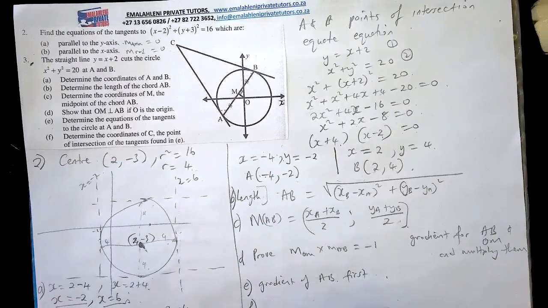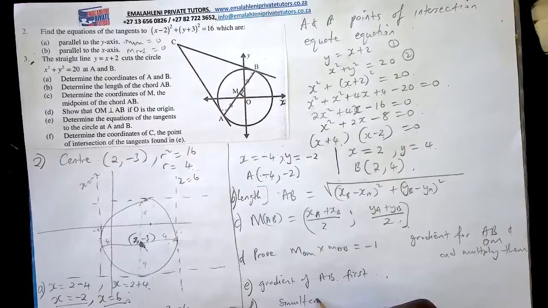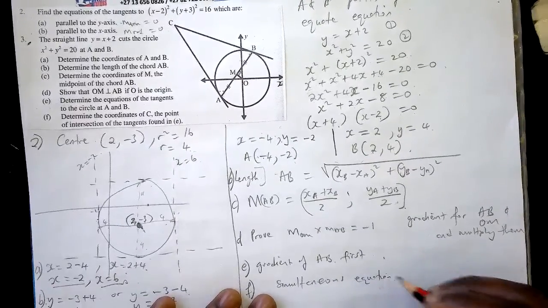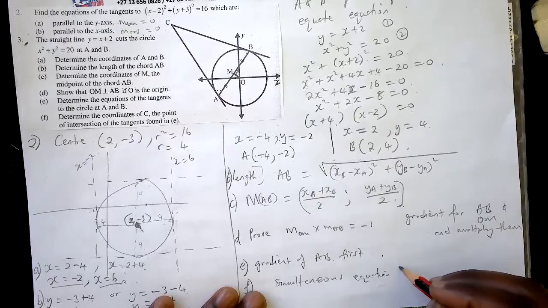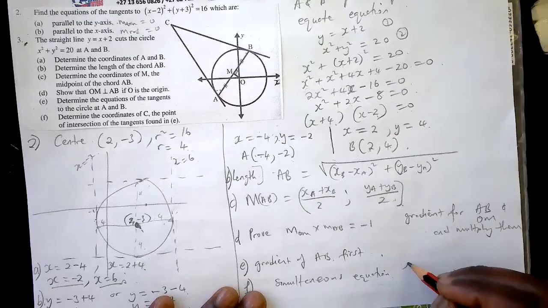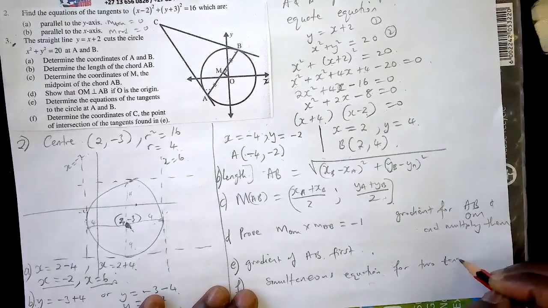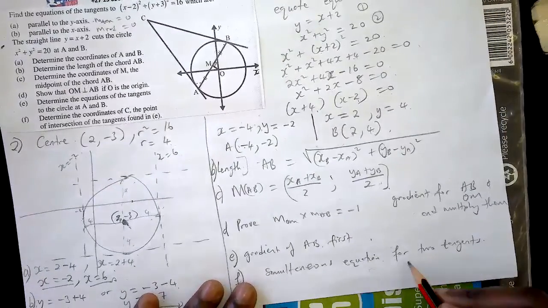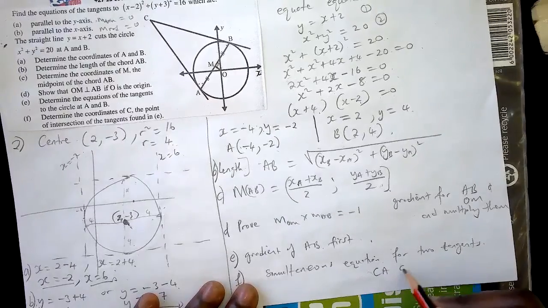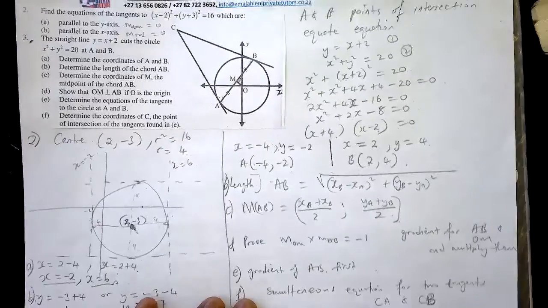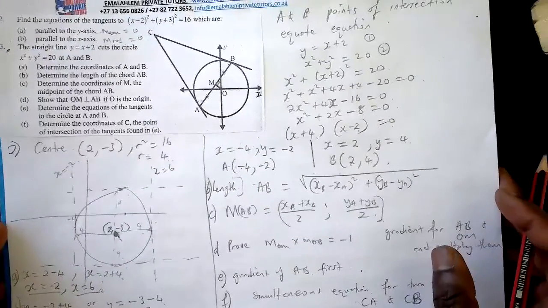Solve simultaneous equations for the two tangents, which are your CA and CB. So just to solve the point of intersection, how do you do it? You equate the equations. You equate the equations.